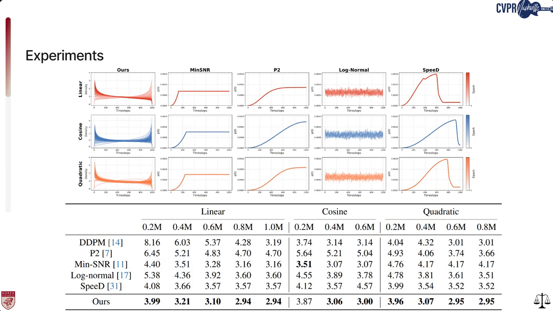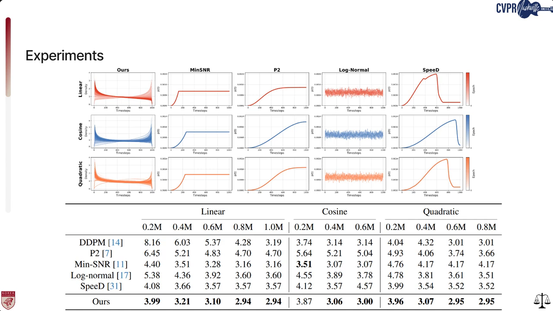The table below demonstrates that our method, despite its learning-based nature, generally achieves faster convergence and better performance at each iteration compared to heuristic approaches. Moreover, our method demonstrates consistent robustness across different noise schedules.